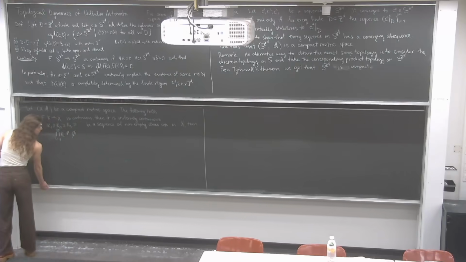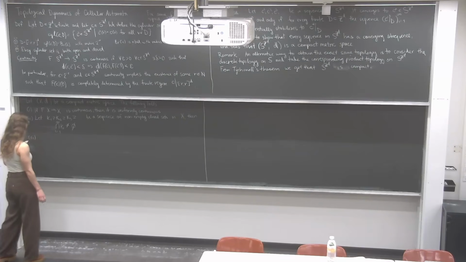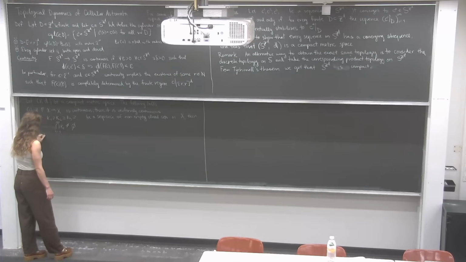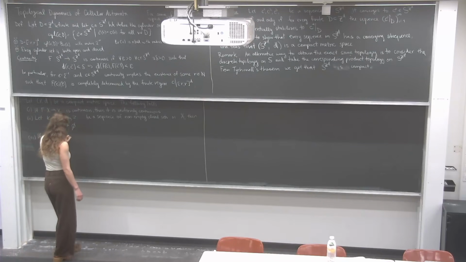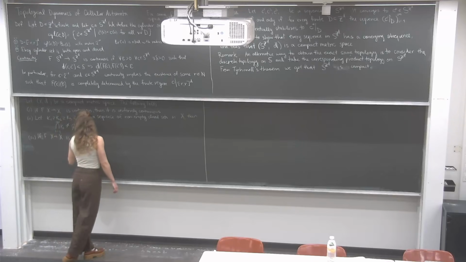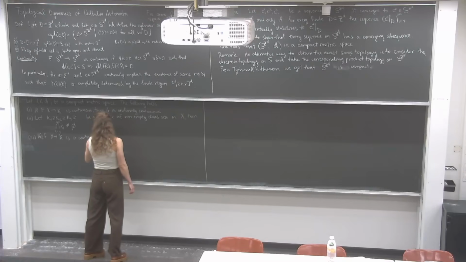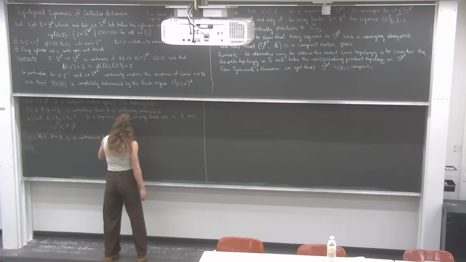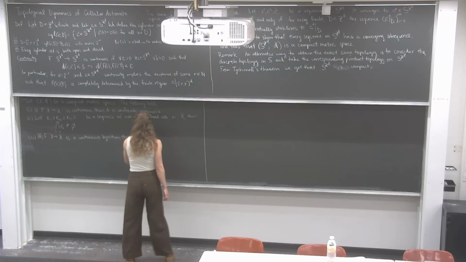And the last property we will use is that any continuous map, which is a bijection, is a homeomorphism. So if f from X to X is a continuous bijection, then the inverse is also continuous.